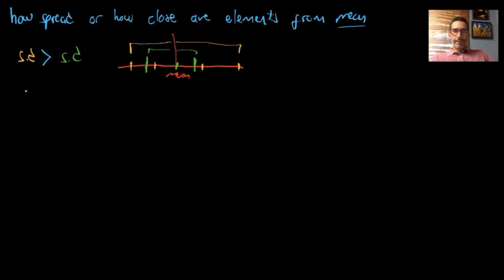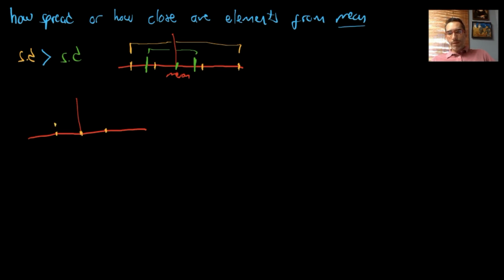Now, let's take this other scenario, where there is a greater concentration towards the mean. So for example, you might have the case where we have the distribution here, and again the ones in yellow are like one element here, one element here, or one element here.